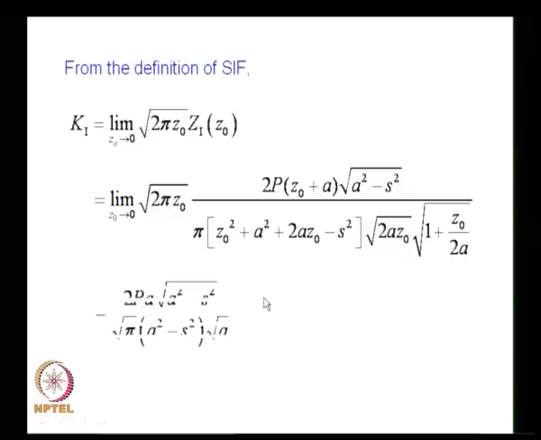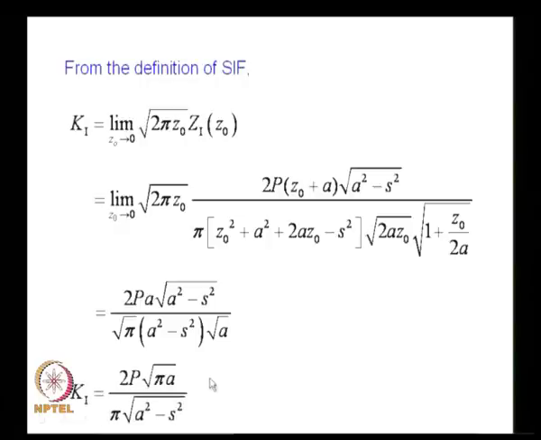That expression turns out to be 2 p a root of a squared minus s squared divided by root of pi multiplied by a squared minus s squared into root of a, which could be further simplified as K1 equal to 2 p root of pi a divided by pi root of a squared minus s squared.